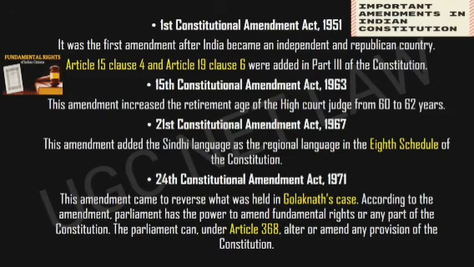Now the second trick is the 15th Constitutional Amendment Act 1963. Now see 15, 1 5, and 1963 is the year. And what does that amendment say? It increased the retirement age of High Court judges from 60 to 62 years.